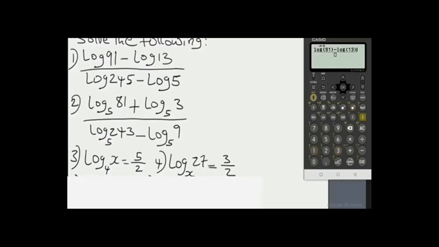Close the brackets, over. So we have log, shift and this button, log 245 minus log, shift and this button, log 5. Close the brackets. So that's what we have there, guys.